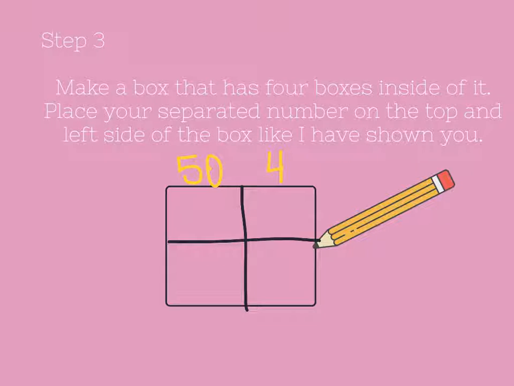Then we will take the 30 and place it right here, and then we will place the 1 right here. So when you think about it, this is actually 50 plus 4 and 30 plus 1, but we are separating it to make it easier for you to multiply.